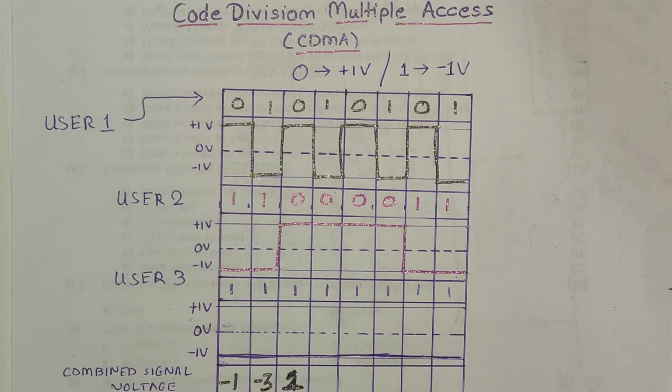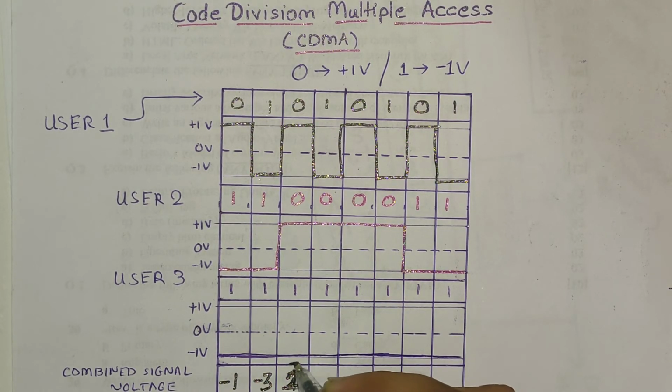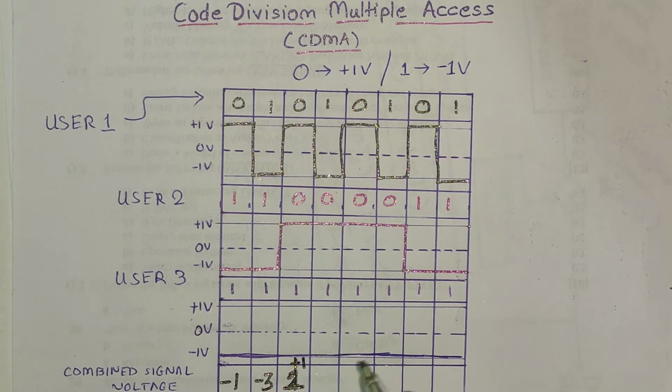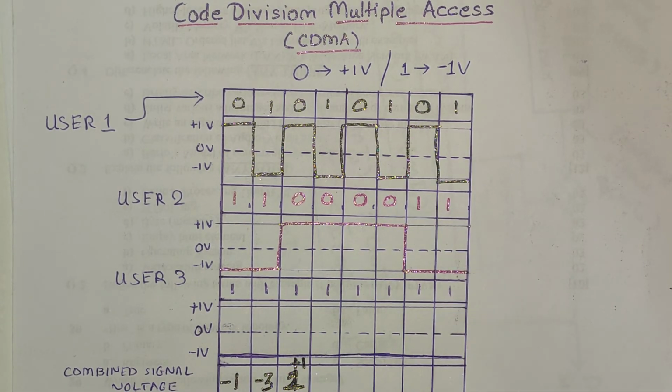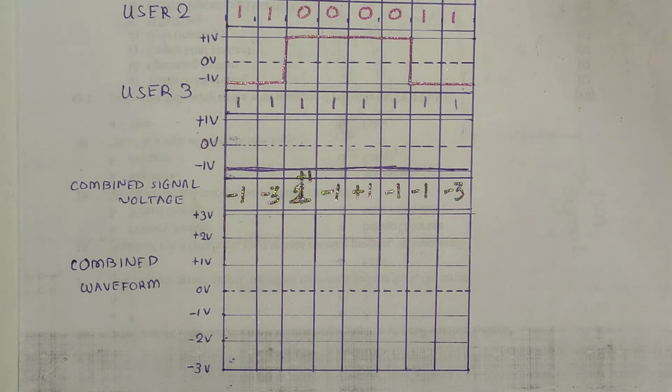So this is plus 1. Let me just write it down here. Likewise we can create all this signal, and we are going to add up all these things. So let us do it very quickly. Alright, so after calculating all these values, this is how the overall value would look like: -1, -3, +1, -1, +1, -1, -1, and -3.